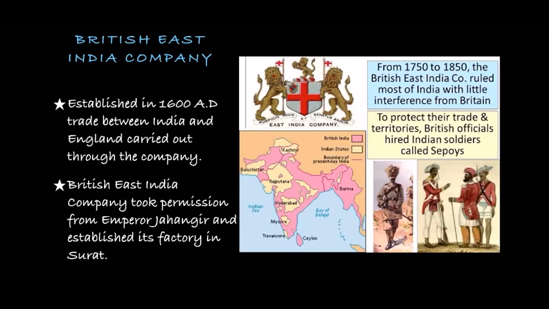From 1750 to 1850, the British East India Company ruled most of India with little interference from Britain. When we are talking about Britain, we are talking about British Parliament and the British monarchy. To protect their trade and territories, British officials hired Indian soldiers called sepoys.